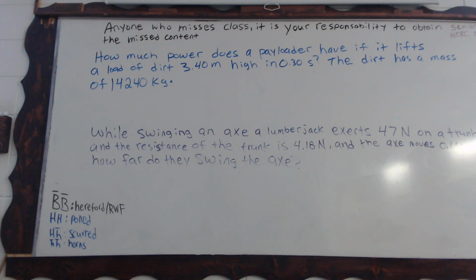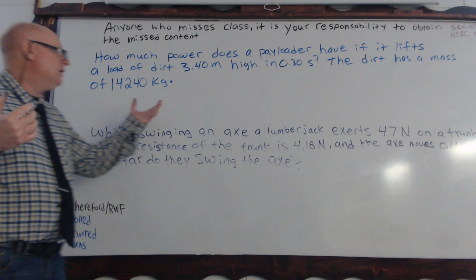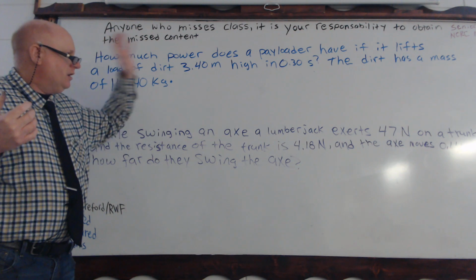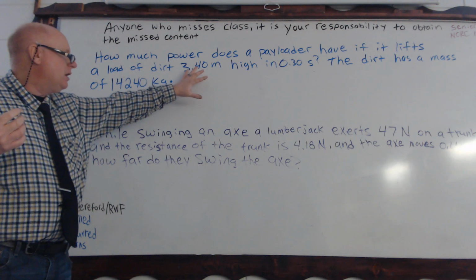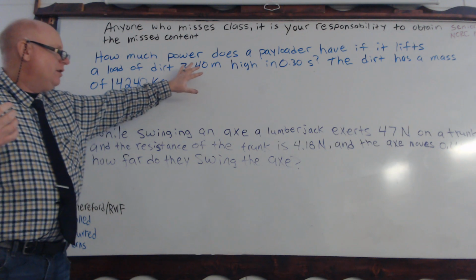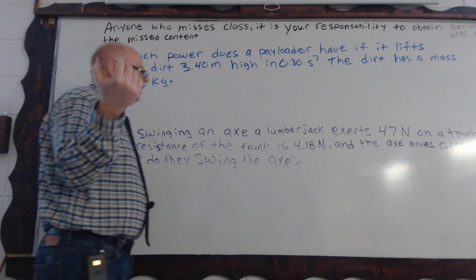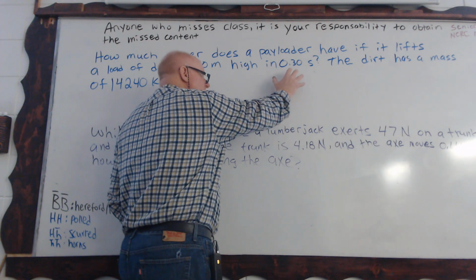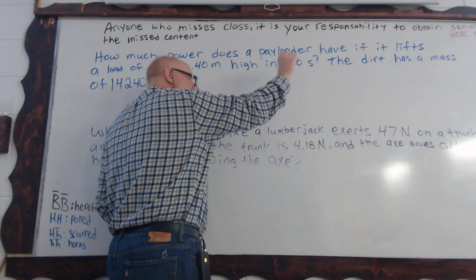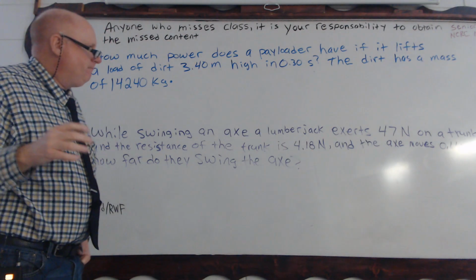So that would be about 3 meters, but then you have to lift it higher than the back of the truck so you don't damage your equipment as you are dumping the load of dirt into the back of the truck. So if that's 3.4 meters high, and not that you'd be standing there with a stopwatch, we're just trying to guess and come up with a problem that would make sense.